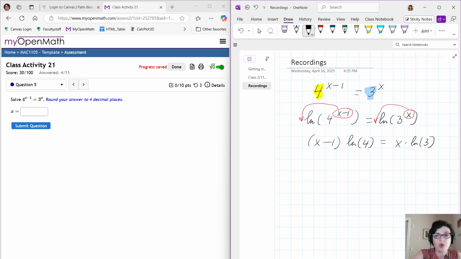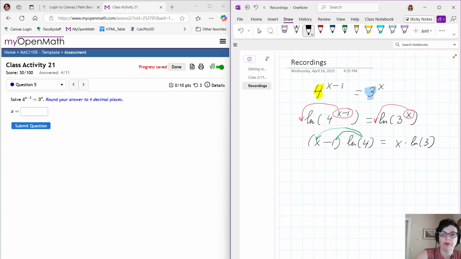Now we have a problem because we have variables on both sides. We have x times ln of 3, and then we also have x minus 1 times ln of 4. So here's what we will do. We're going to distribute that ln of 4 to both terms.